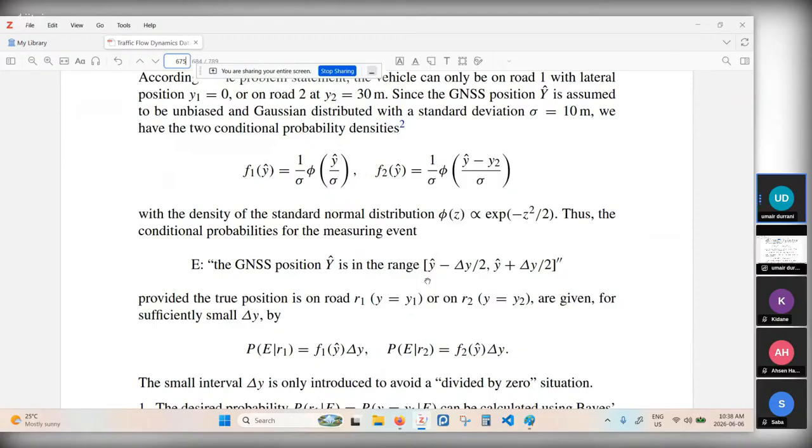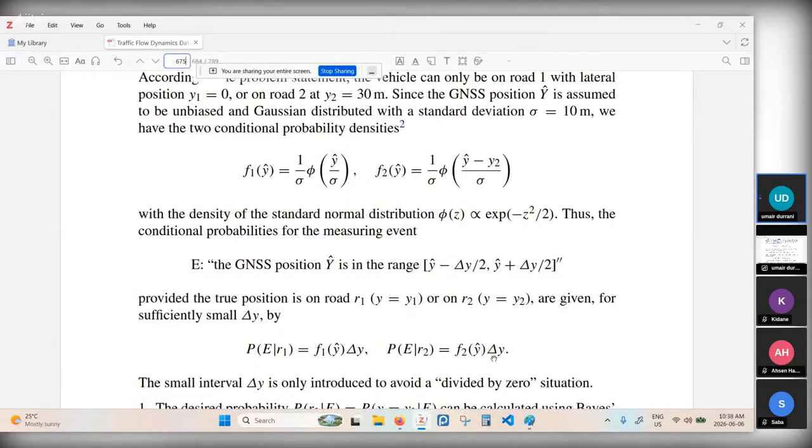So given that you're either on R1 or R2, the probability of E given R1 is going to be equal to the density obtained from this formula of y hat times delta y. And the probability of the evidence given R2 is the density of y hat times delta y.